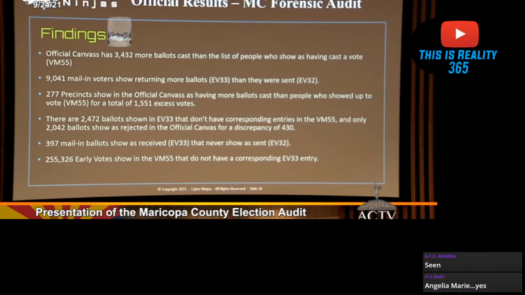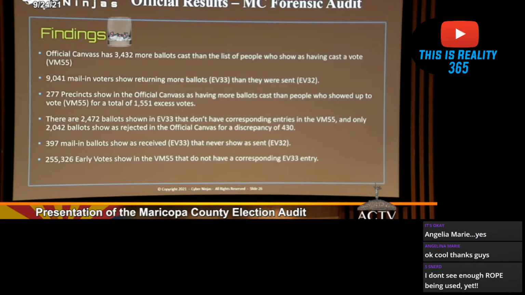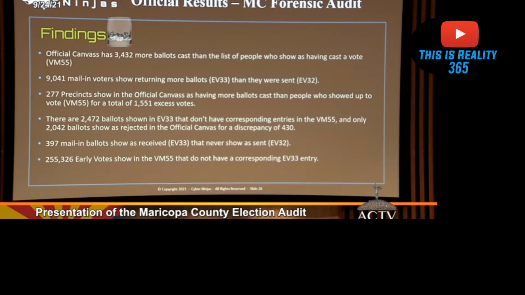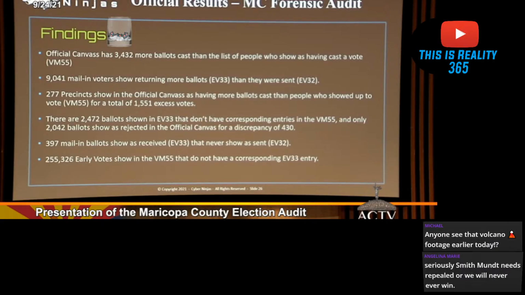And just to be clear, EV33 entries are supposed to happen when a ballot is received, but the actual tracking of the ballots is under the official canvass or the VM55. So in the VM55, we had individuals who voted, we had entries for early voting, where in 255,000 cases of those, they were not actually included in the EV33 file.